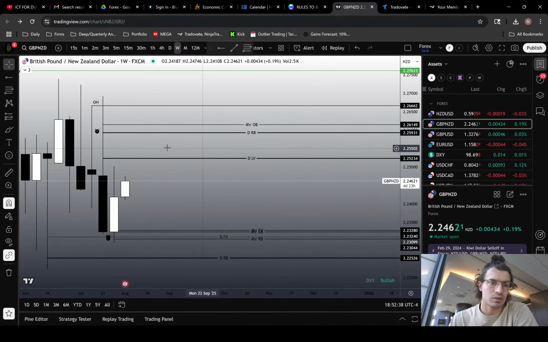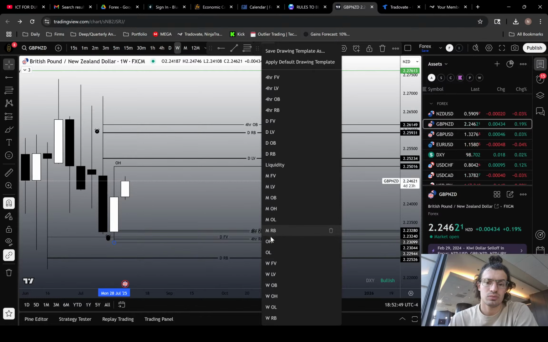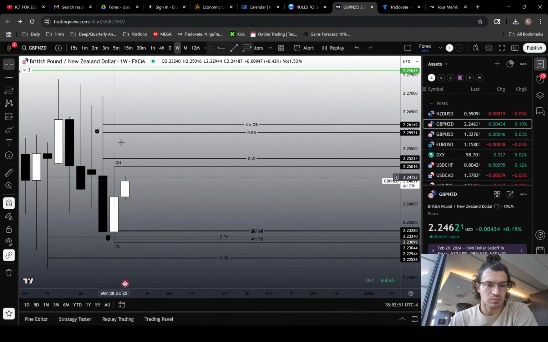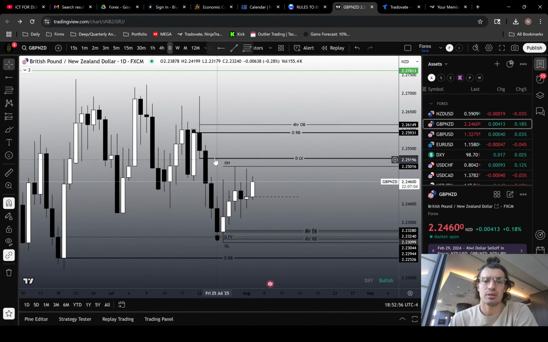Let's bring this up. Hold high, hold low. That's on the weekly. On the daily, we have a liquidity void, rejection block since price closed lower.